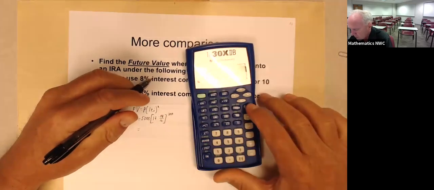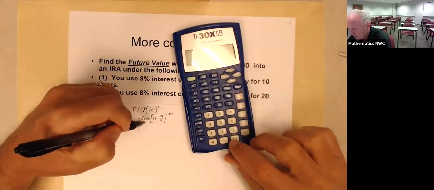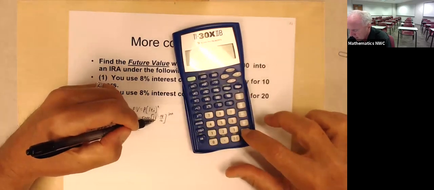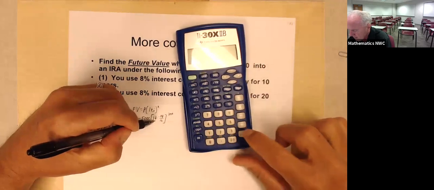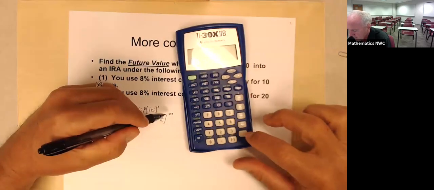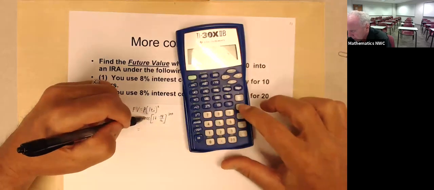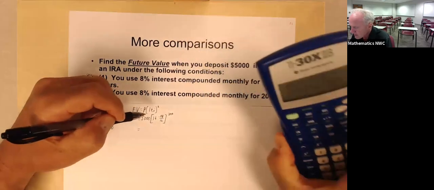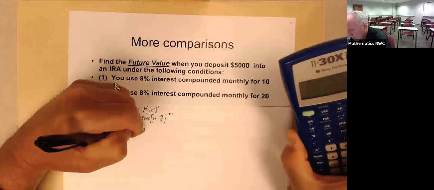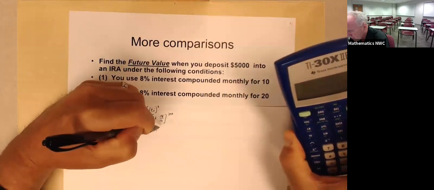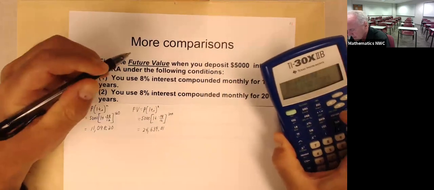Again, I won't be showing this too many more times, but one more time here: 0.08 divided by 12, enter, plus 1, enter, raised to the power 240, enter, times 5,000, enter. And this time I got 24,634 and 1 cent.